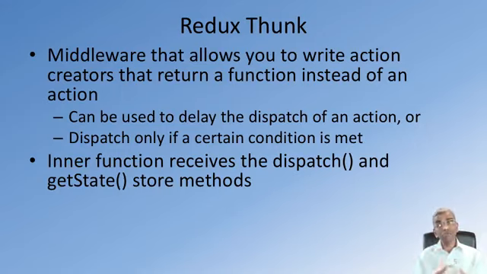So that will allow you to even modify the action. And also you get access to dispatch. So for example, you can stop the current action, do something else, come back and then dispatch the action into the reducer. So that is what a Redux Thunk allows you to do.